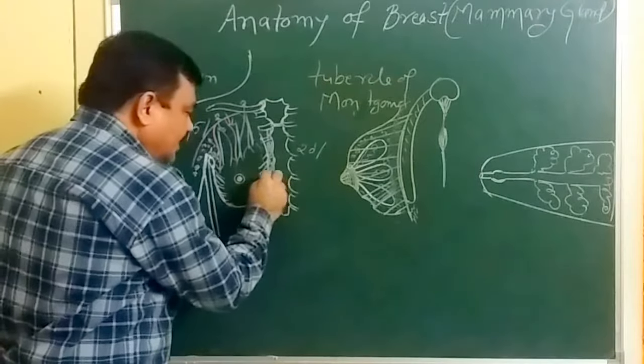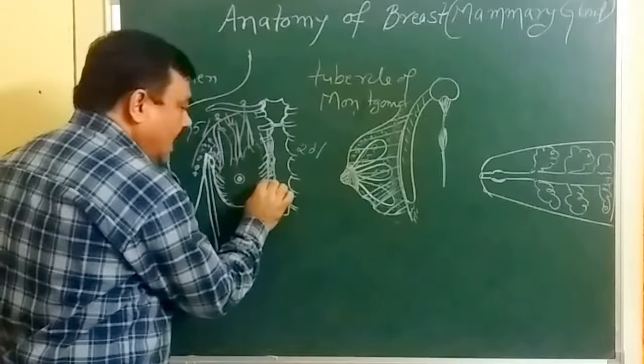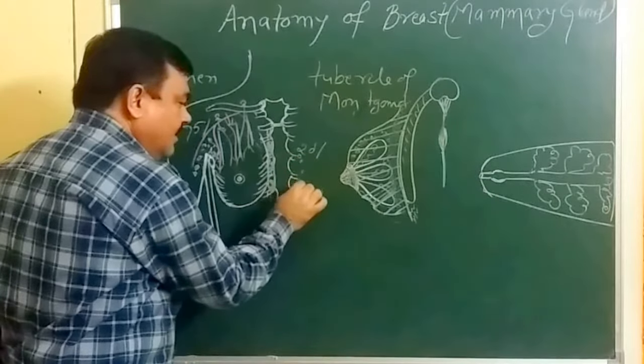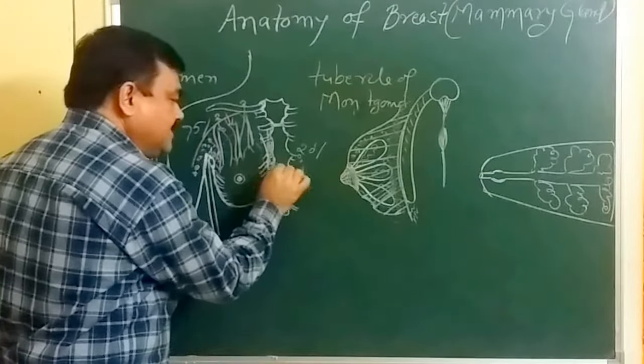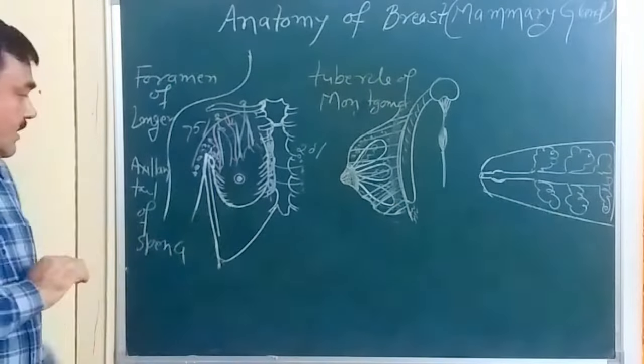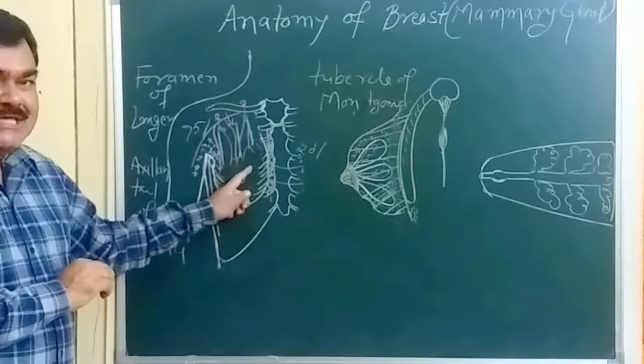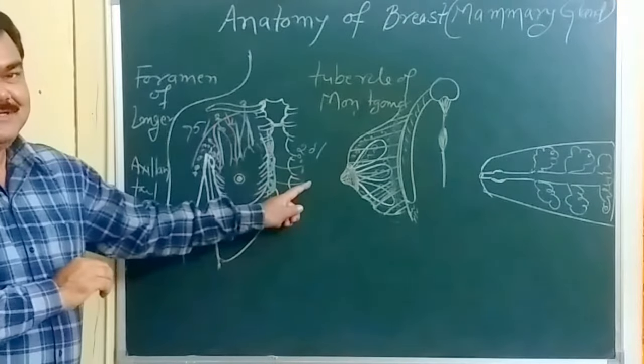Some lymphatics cross from one side to the other, to the parasternal lymph nodes of the other side. This is the reason why carcinoma of one breast may spread to the other breast.